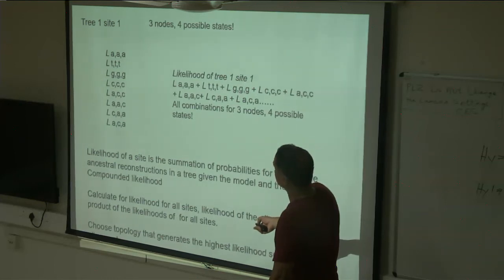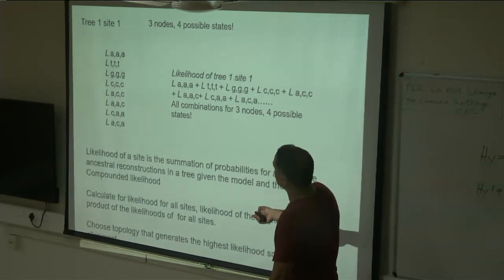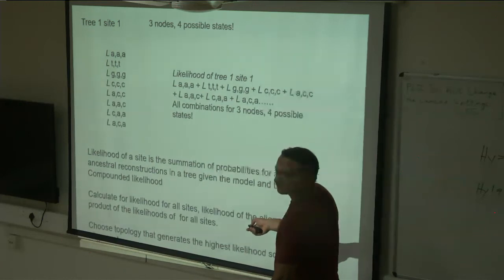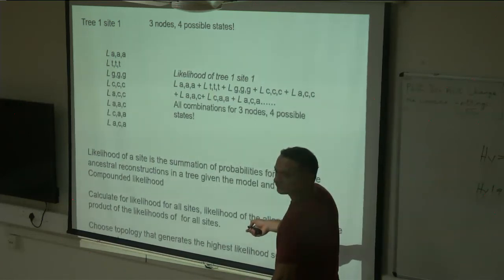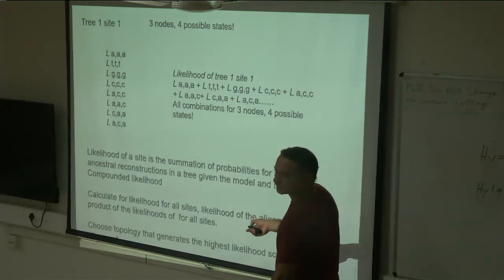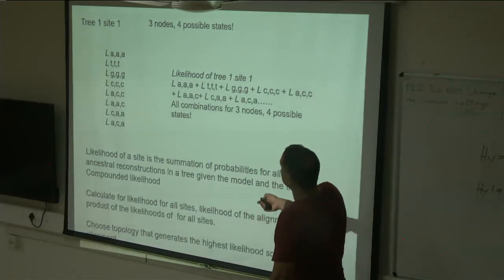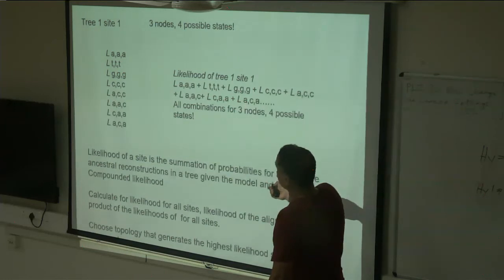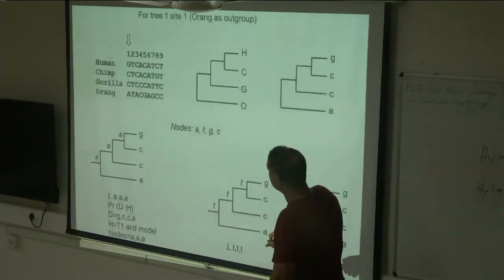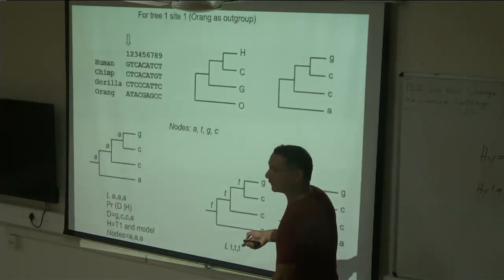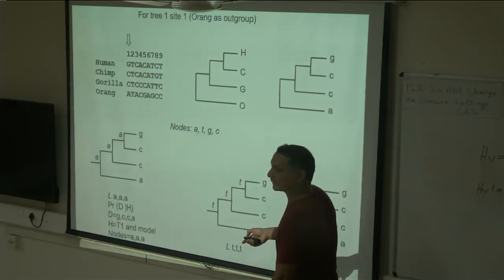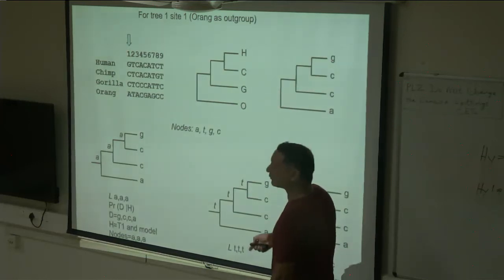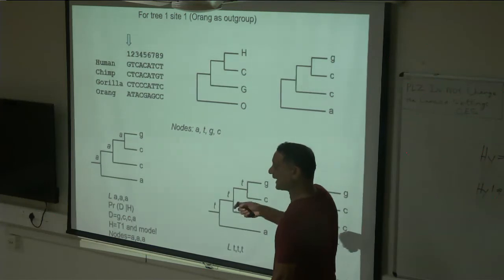It will be each consideration will be a separate case, right? Case A where all of those ancestral traits are A, then maybe A is C. So every case will be different. Additive. Yeah. So all these combinations are put, I mean, I've not put down all the combinations. I don't know how many combinations there are. So you have 3 nodes and 4 bases, right? So for each of those, you have to calculate the likelihood and add them all up.